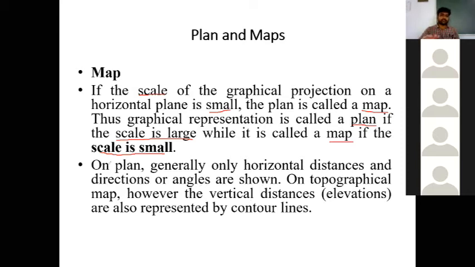On a plan, we're going to show only horizontal distance, direction, or you can say angles. Whereas in the map, we're going to show topography, that is, vertical distance. Vertical distance means elevations are also represented by contour lines.